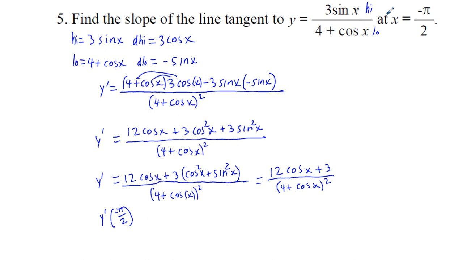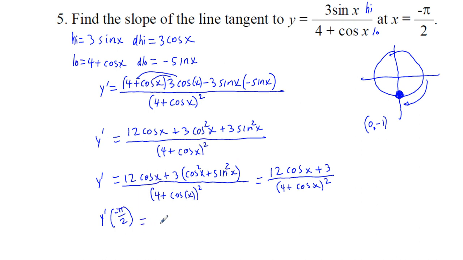Well, negative pi over 2, for reference sake, is going to occur on the unit circle of trigonometry right here. So that's going to be the x value for that. Cosine is 0, sine is negative 1. So anywhere we see cosine is going to be 0.